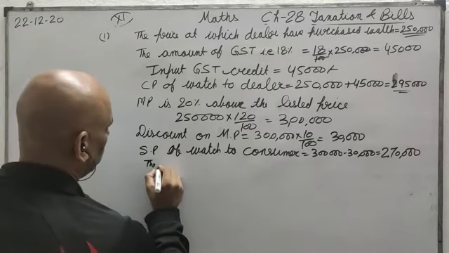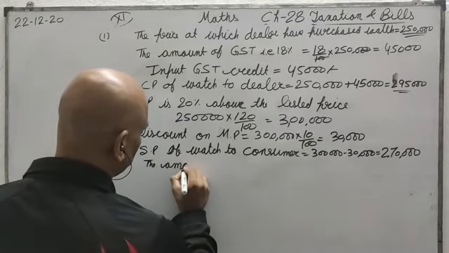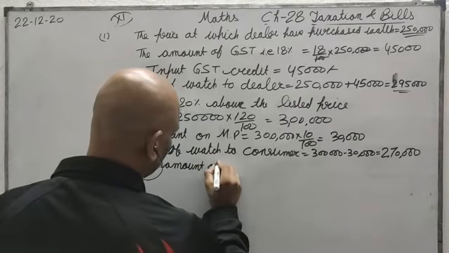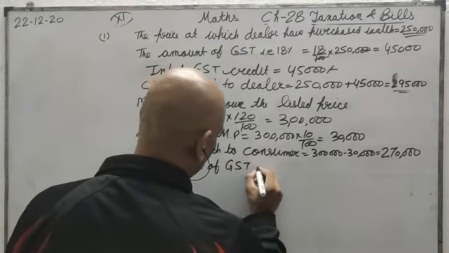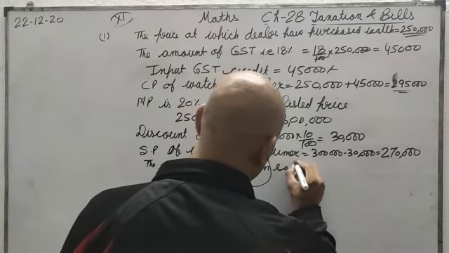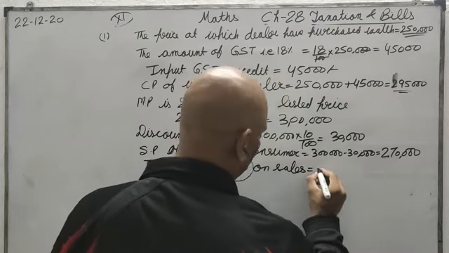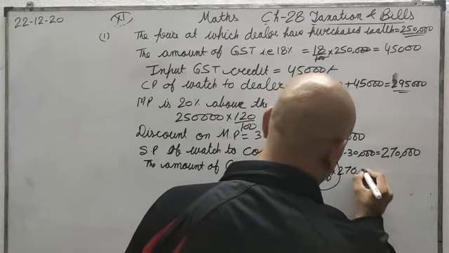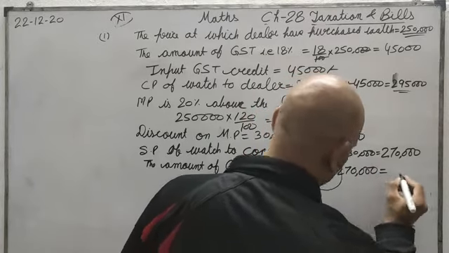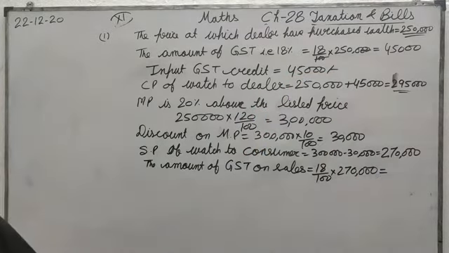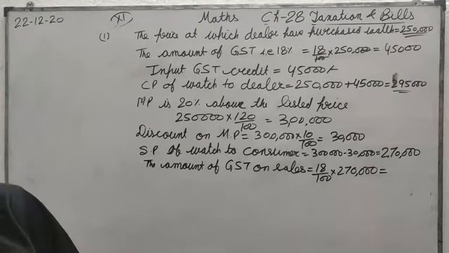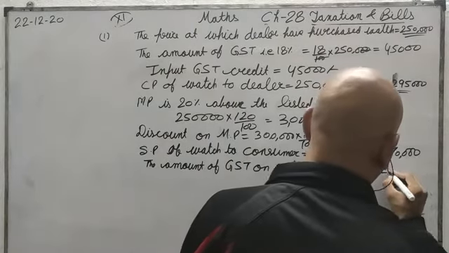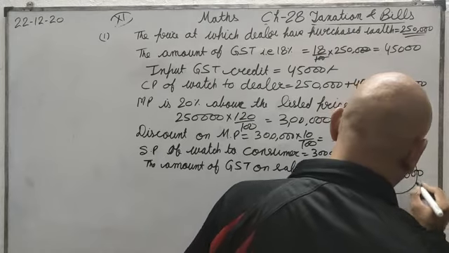तो the amount of GST on sale is equal to 18% of 2,70,000, that is 48,600.